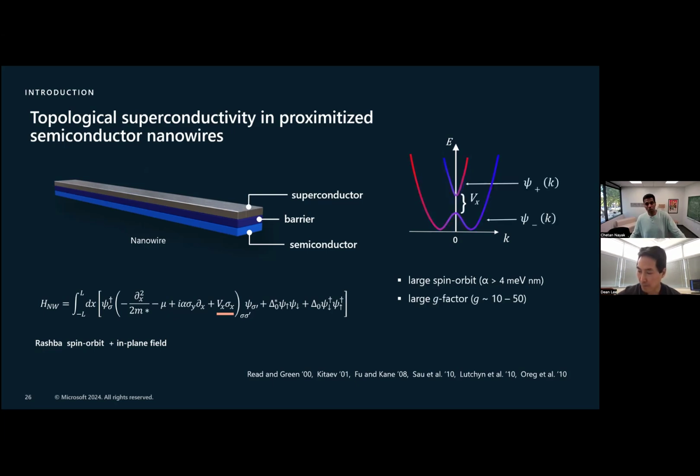We need something called the large g factor, which is how strongly the electrons in the semiconductor react to a magnetic field, how much their intrinsic magnetic moment reacts to a magnetic field. If these electrons were sitting in the vacuum somewhere, that g factor would be approximately 2. Very famously, it's not exactly 2.